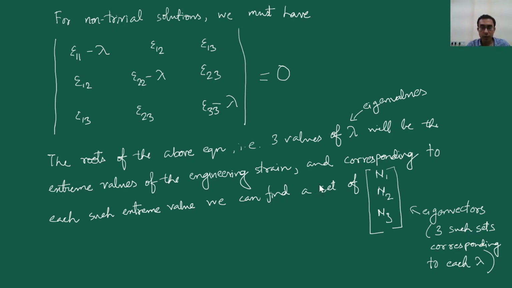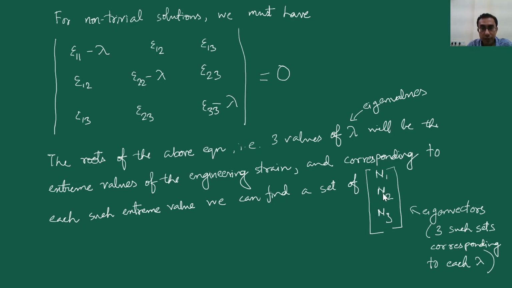Alright, so going back to our original question, these eigenvalues will give you the different possible extreme values of the principal strains or the maximum engineering strains, and the corresponding eigenvectors, each of these n1, n2, n3, will provide you with the directions. These n1, n2, n3 are also the direction cosines of the unit vector that you are interested in.